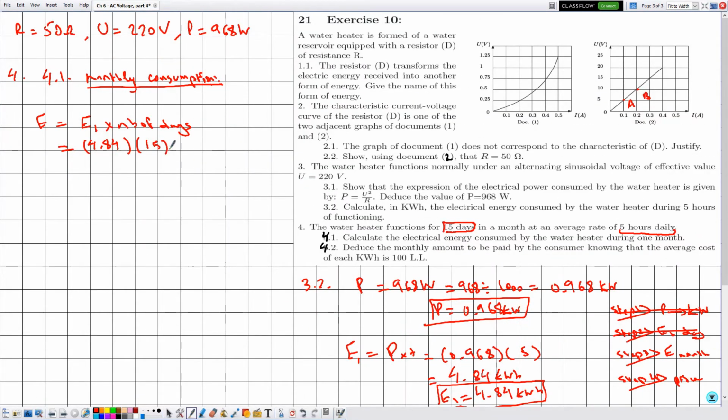Plugging this on the calculator, then the value of electric energy consumed for 1 month using this water heater is given by 72.6 kilowatt hour. Then E is equal to 72.6 kilowatt hour.